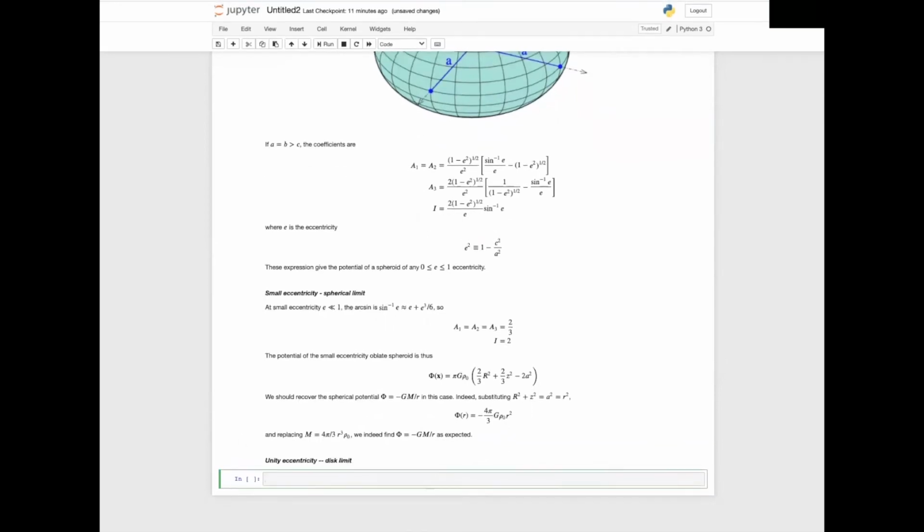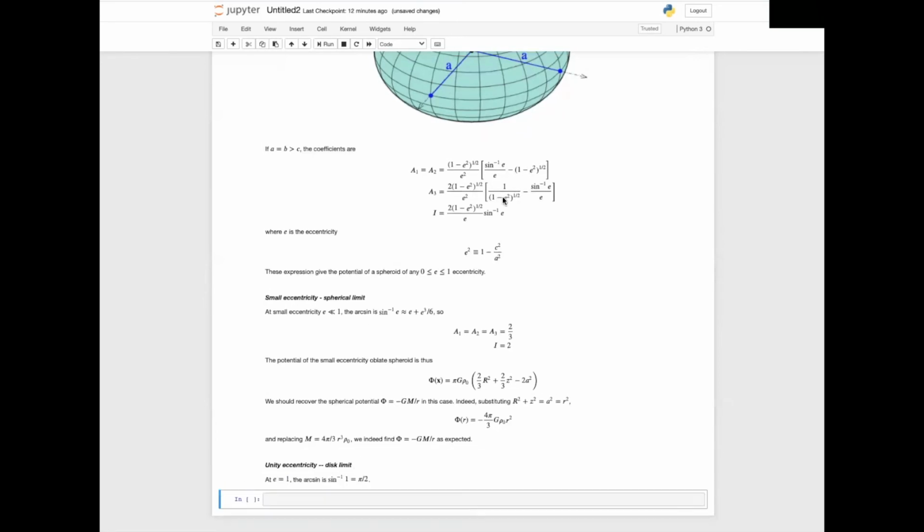Let's also find the disk limit. The disk limit will be found by setting the eccentricity equal to 1, so that the arc sine here would be equal to pi over 2. Now the second term here for e equal 1 is going to be finite, whereas this one is going to be much, much bigger. So this one will cut to this term, and then you have A3 equal 2. The same thing will happen for A1.